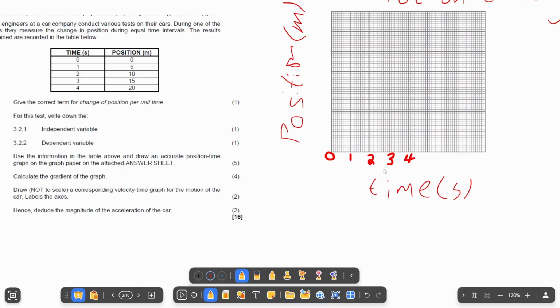This is time. And then my position starts from 0, 5, 10, 15, 20. Simple again. If it is 5, 10, 15, 20, it's more than half of this page, so I can still use the main dividers of my graph.